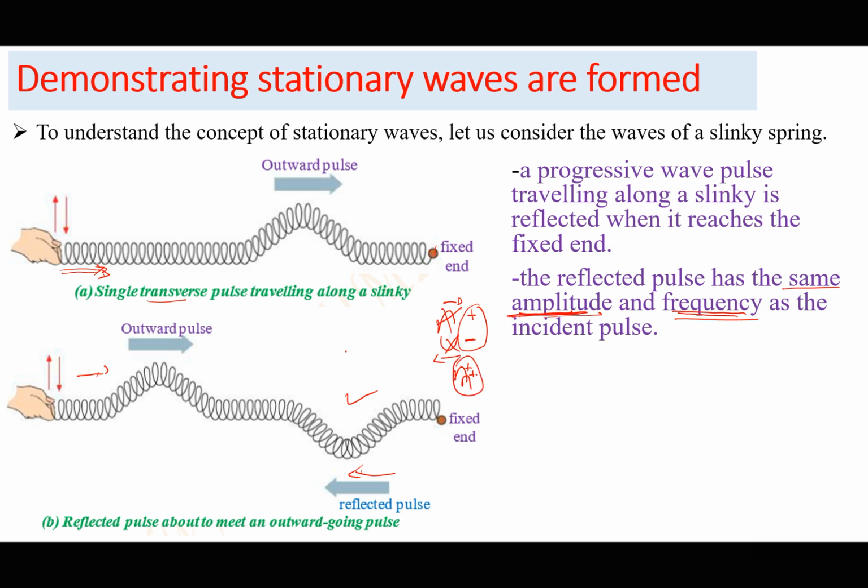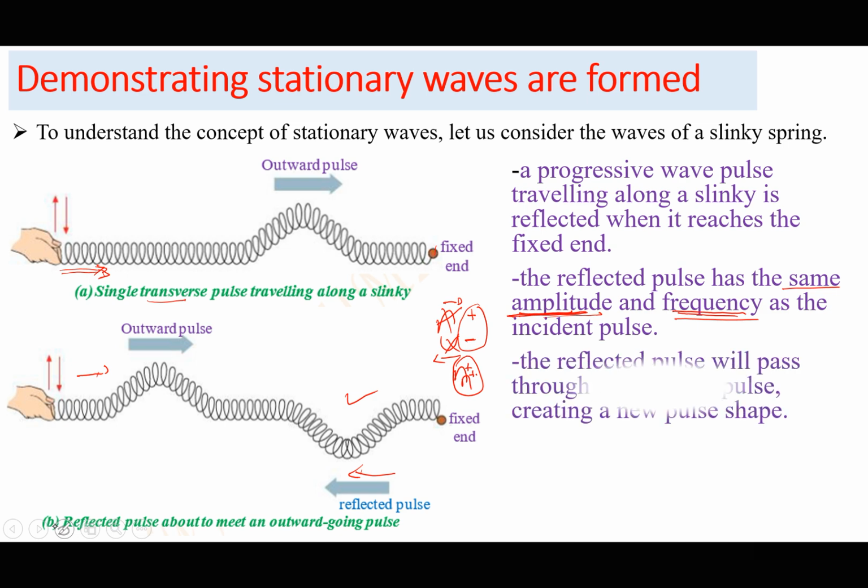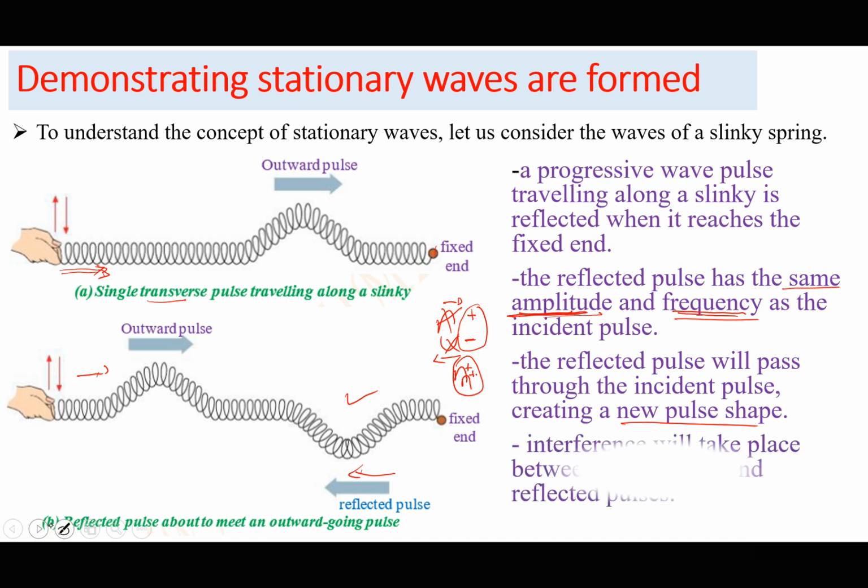So they have the same amplitude and the same frequency as the incident pulse. What happens is that the reflected pulse will pass through the incident pulse. In other words, they will combine, or they will meet to create a new pulse, which is going to be called a resultant. So we say interference will take place between the incident and the reflected pulse.